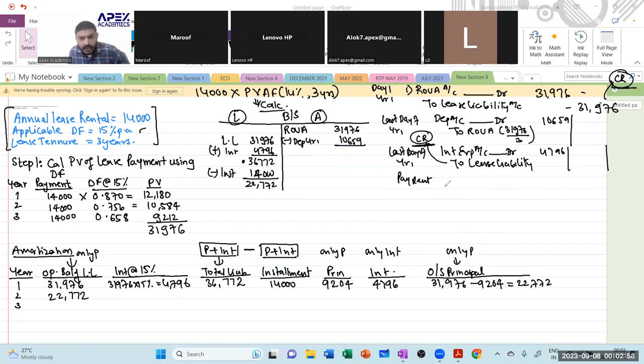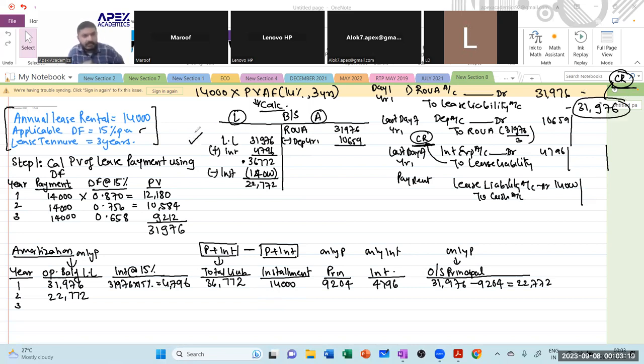Reduce the liability. So if the liability is being reduced, can I debit the liability? Yes, sir. Lease liability account debit to cash. By how much should I reduce the liability? 14,000. Has it been reduced by 14,000? Yes, sir.